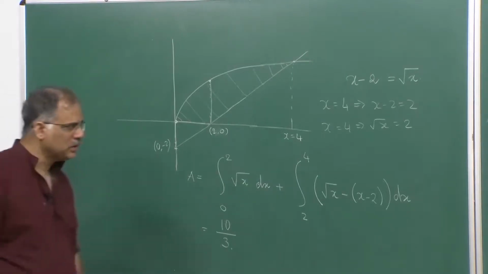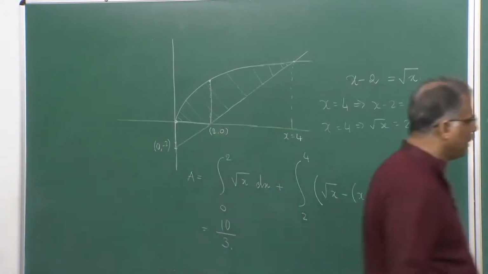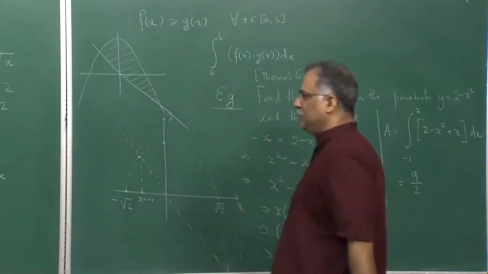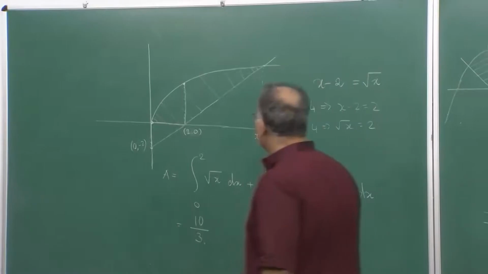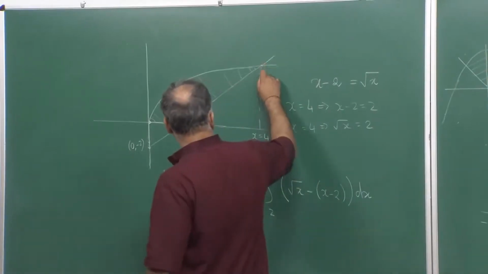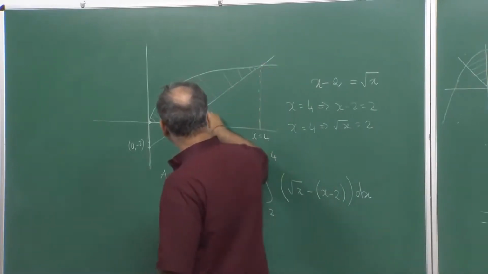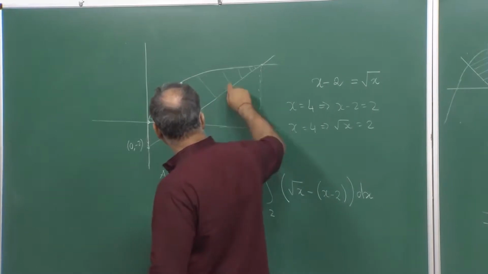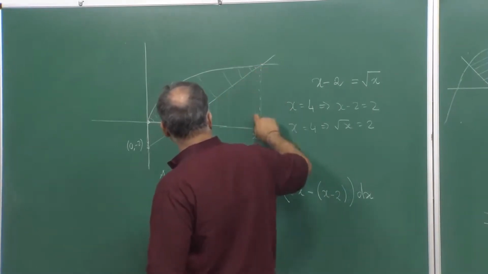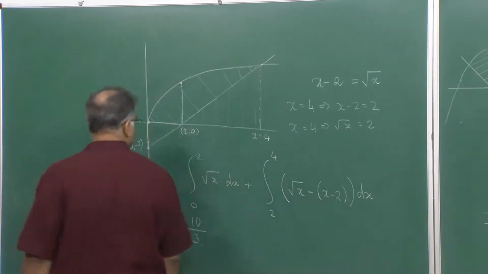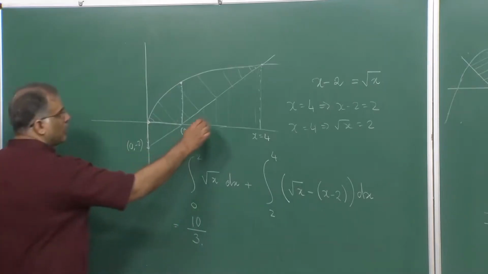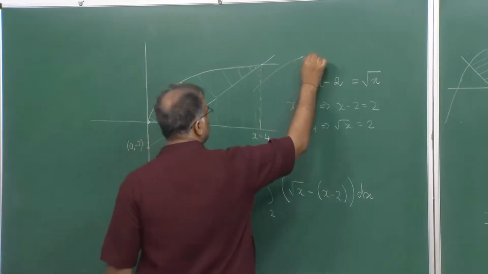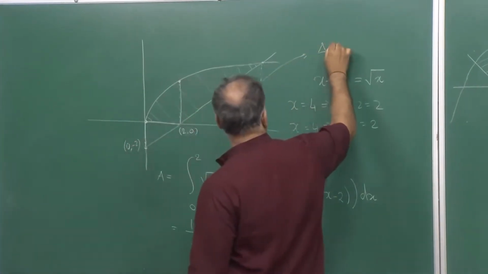Now, you can do it in a slightly different way in this particular case, because if you observe very carefully, this is a triangle actually. This triangle has base 2 and height 4. What is the area?